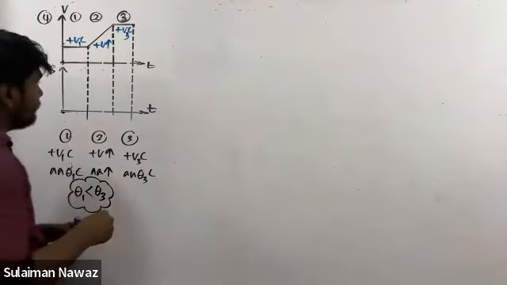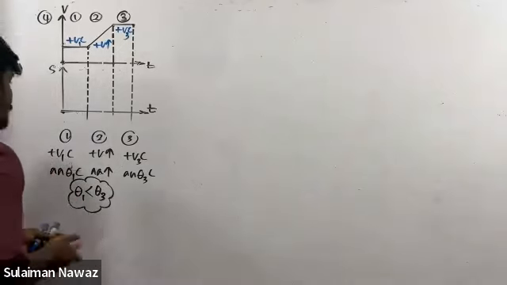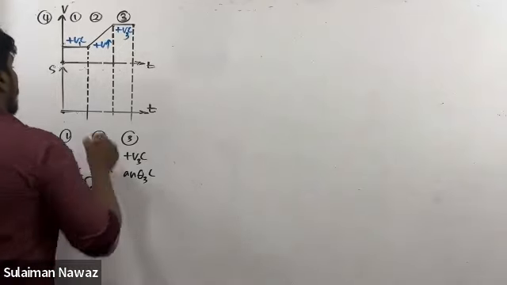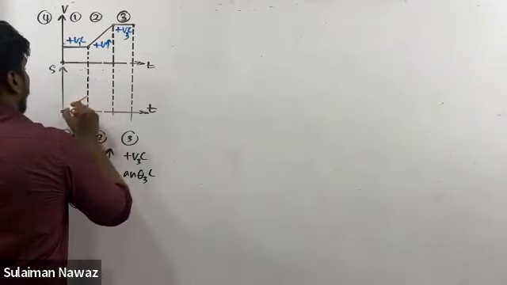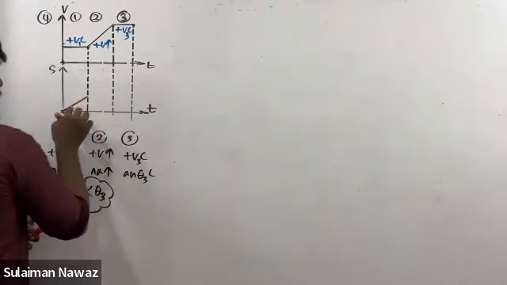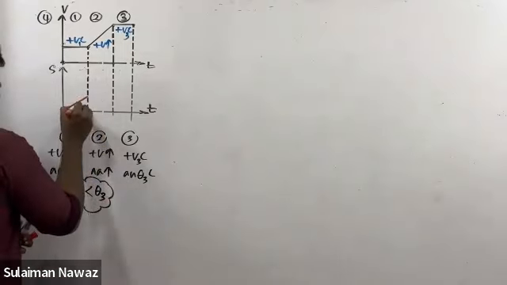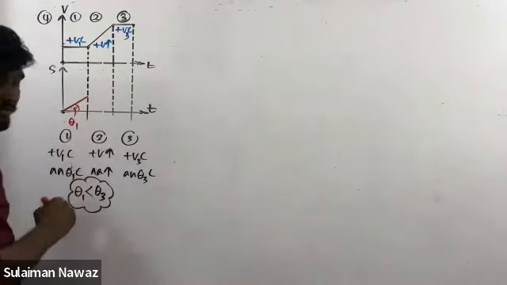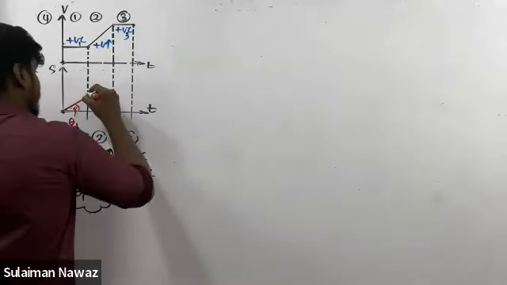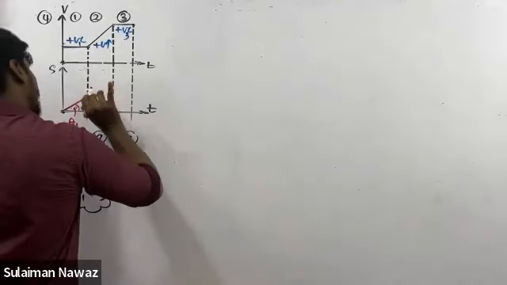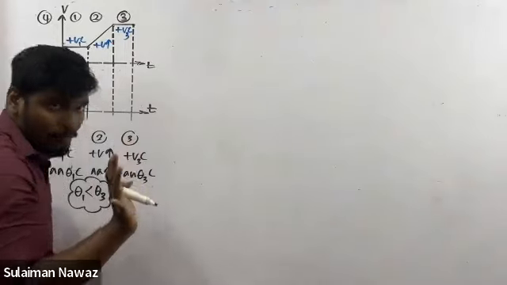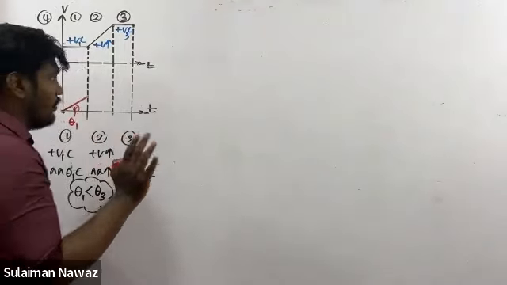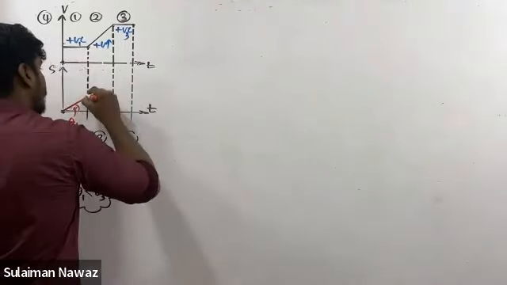If you draw this one, acute angle, this angle is theta 1. This angle must be theta 1. Now acute angle is increasing. Look here, same thing. You should maintain the flow, smooth flow. Don't break the graph.